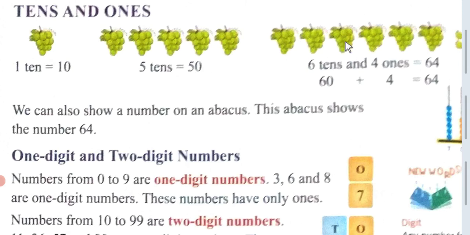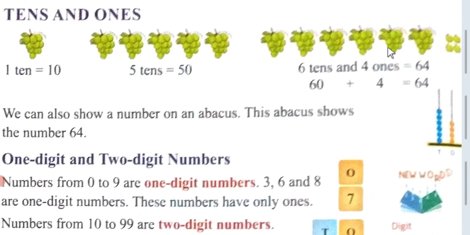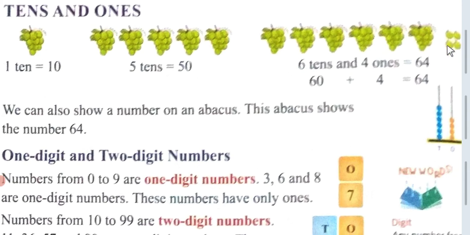Here 1, 2, 3, 4, 5, 6 bunches, and 4 grapes, 1, 2, 3, 4 grapes are extra given here. So there are 6 tens. 6 times you add 10, so it will become 6 tens and 4 ones. Here you can see the 4 extra grapes, 4 ones. So that means 64.